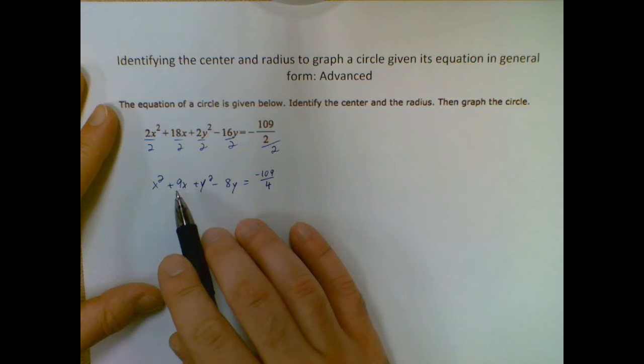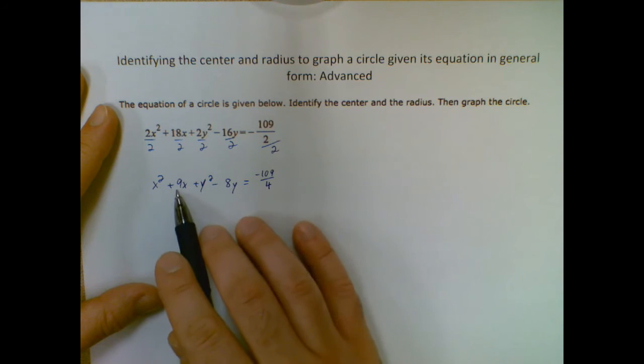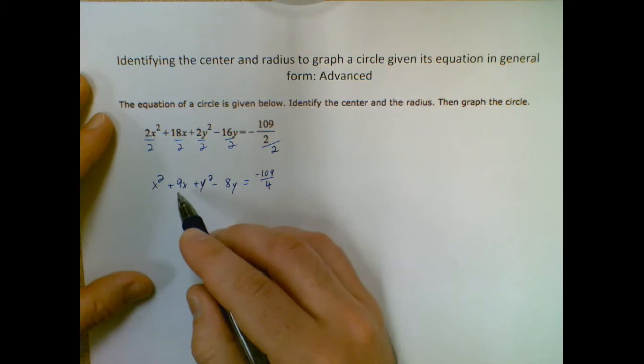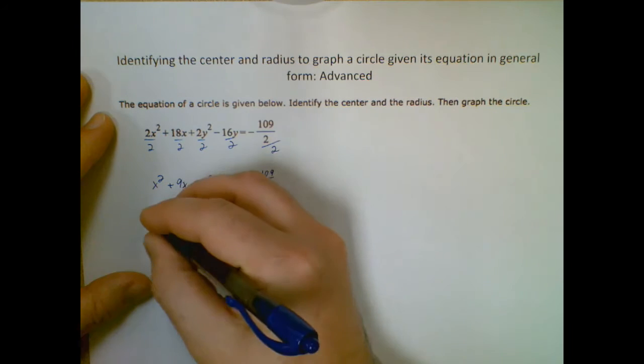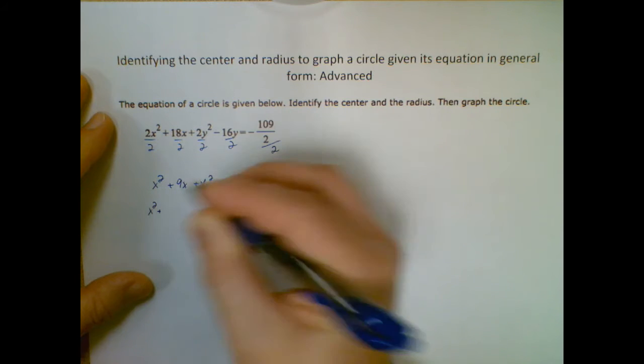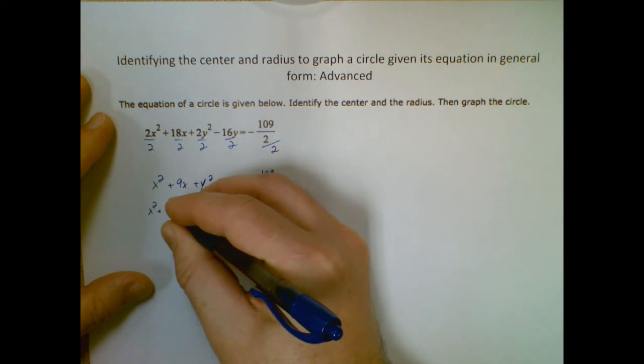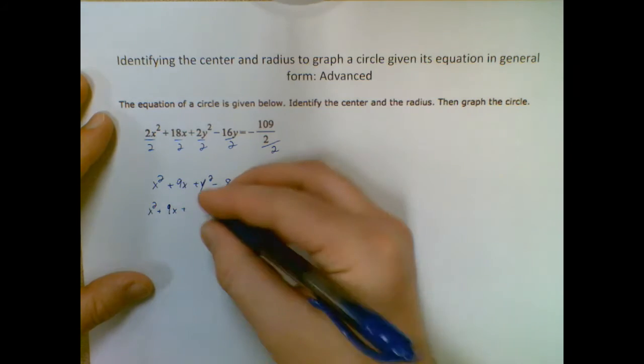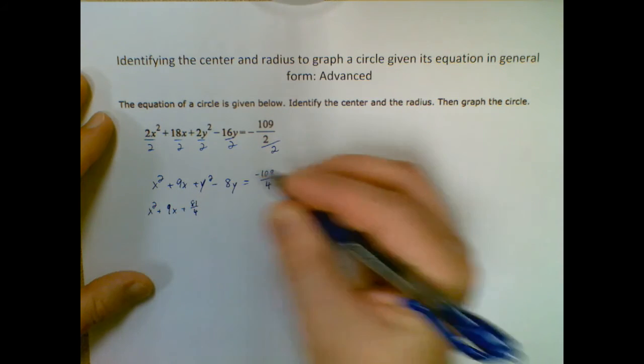To get those numbers, you take your linear coefficient, divide it in half, then square it. So 9 divided in half is 9 halves, squared is 81 over 4.